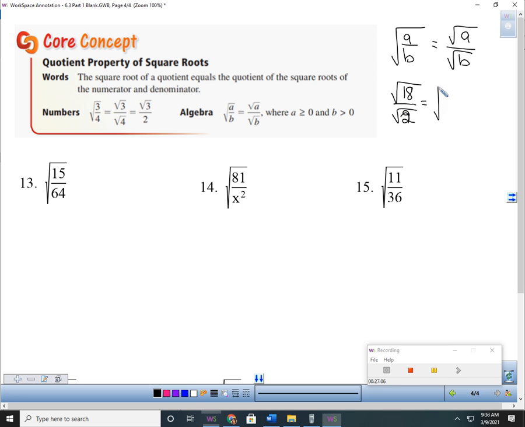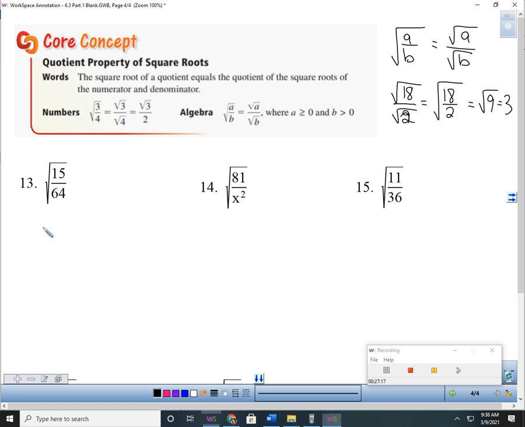But I could put them back together, right? And do 18 divided by 2 under one big root, which gives you the square root of 9, which is 3. So if they're already separated, but it would be easier to put them back together, then put them back together. Okay?